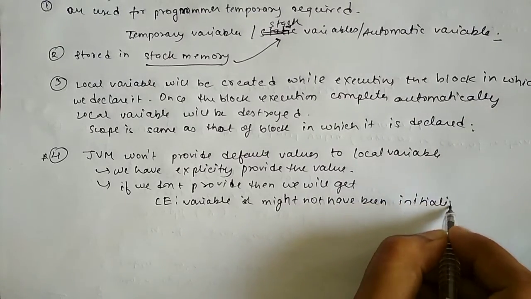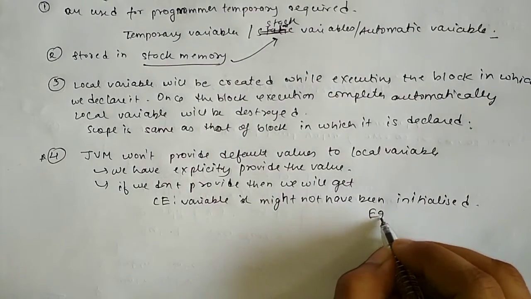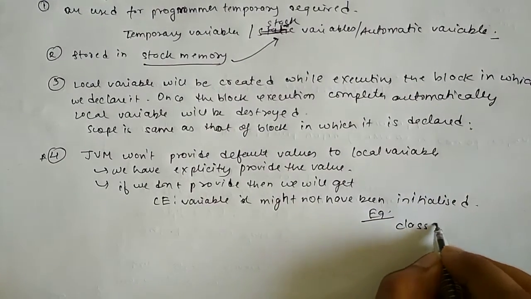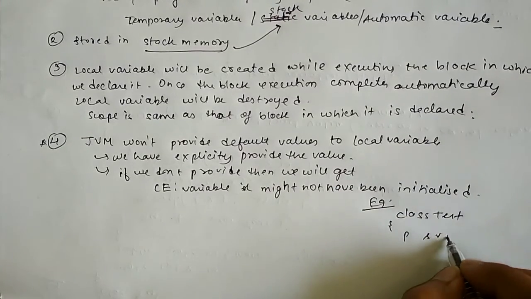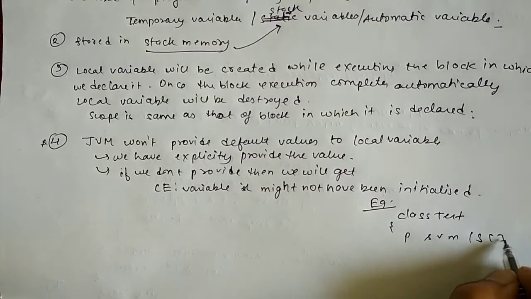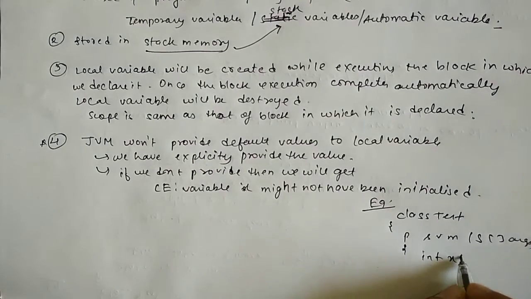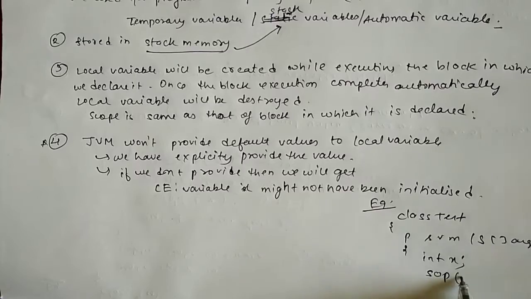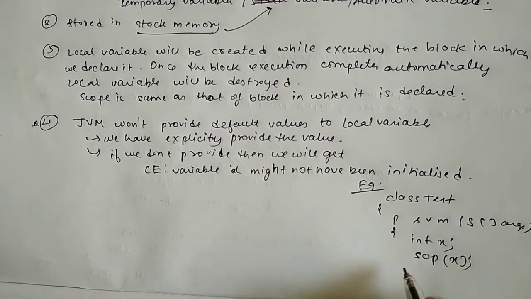So suppose we take an example: class Test, public static void main(String[] args), and suppose we create a local variable int x, and then we are doing System.out.println(x).